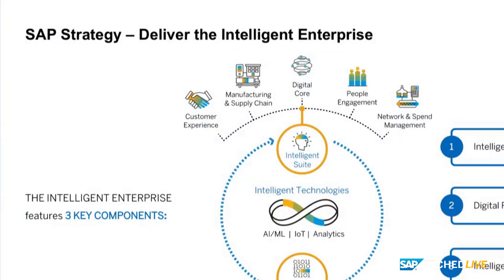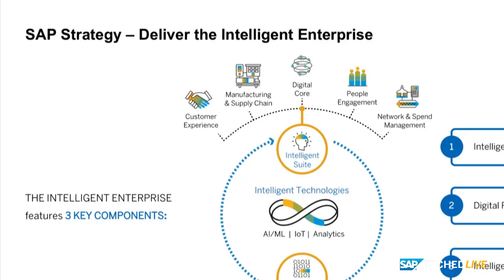But why is that so important in the context of this intelligent enterprise? You might have seen that picture also from Bernd in the keynote, that the intelligent enterprise essentially consists of 3 parts. The one is what we call the intelligent suite, which is essentially the out-of-the-box integration of all our solutions, be it cloud, be it on premises, with the S4 at the core.